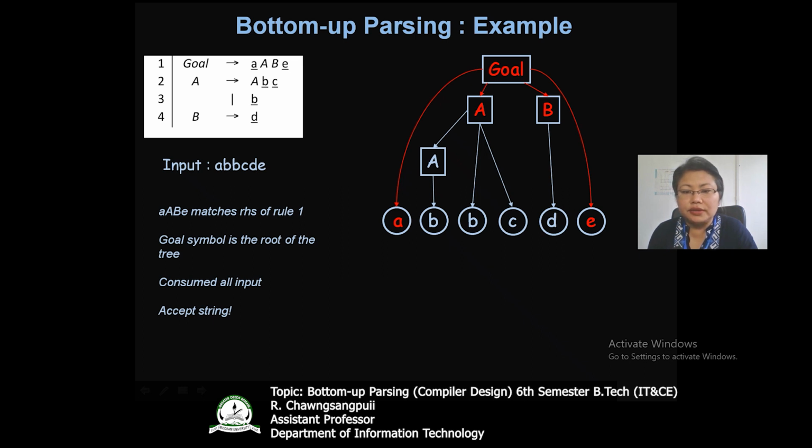So have we arrived at our goal? A, B, E matches the right hand side of rule 1. The goal symbol is also called the root of the tree, or the start symbol. So now we can say that it consumes all input, and we can accept the string since it matches the start symbol, which is the goal.